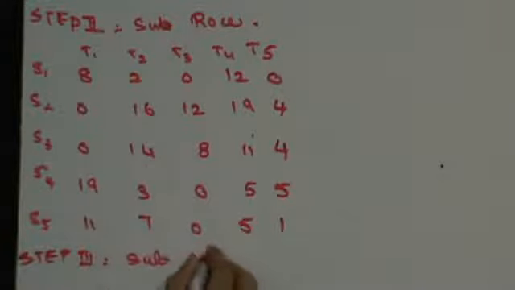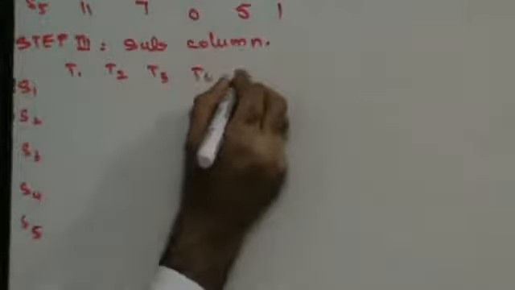Step 3. Subtract column. S1, S2, S3, S4, S5, T1, T2, T3, T4, T5. Right? Column wise, the smallest element in the column is 0, so leave the whole column as it is. Smallest element in the column is 2, so in that case this will be 0, 14, 12, 1, 5.